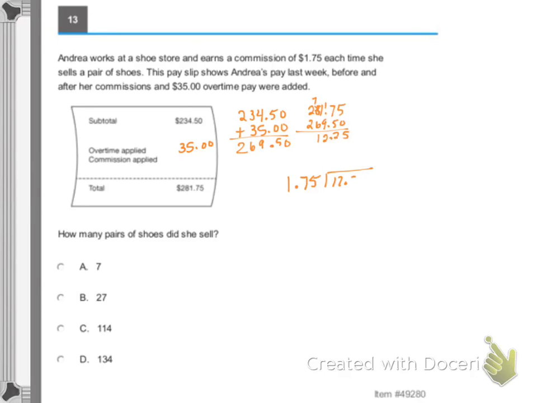So let's divide this. Move it twice straight up. All right, so let's see how many times. Let's try 7. I just went with A. All right, so 49, 50, 51, 52. And that's it. 12. So she sold 7 pairs of shoes.